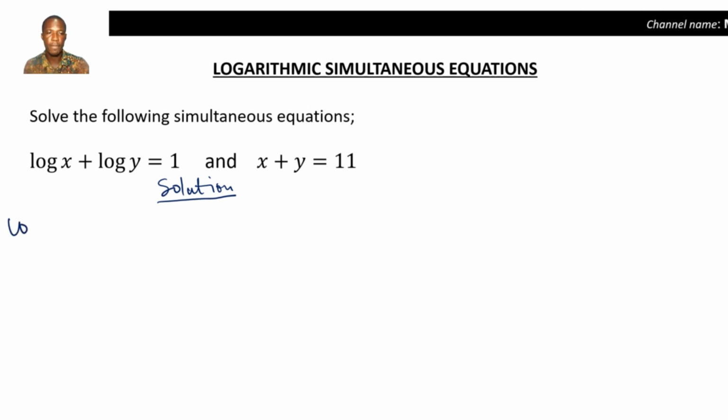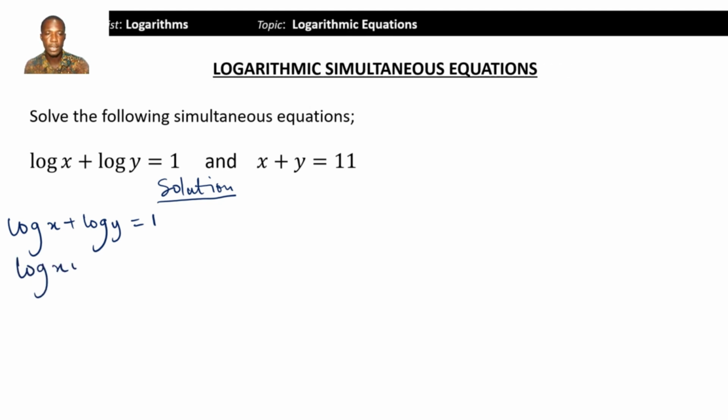The first one, we have log x plus log y is equal to 1. What I will do is to apply the law of addition in logarithms, which gives me log xy is equal to 1. And now I also want to convert it to indices.